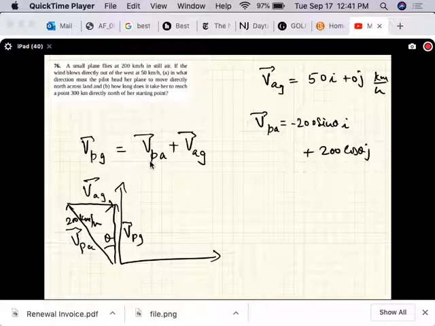And now, from this triangle you could easily calculate this side. This side is just 200 squared minus 50 squared and so on.